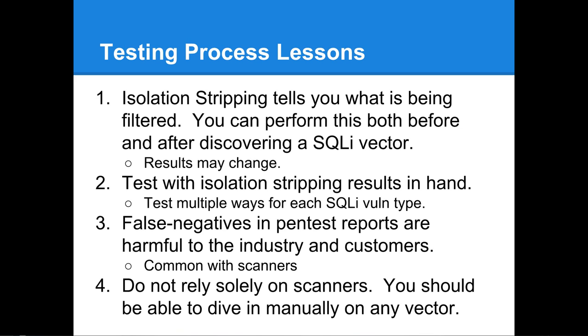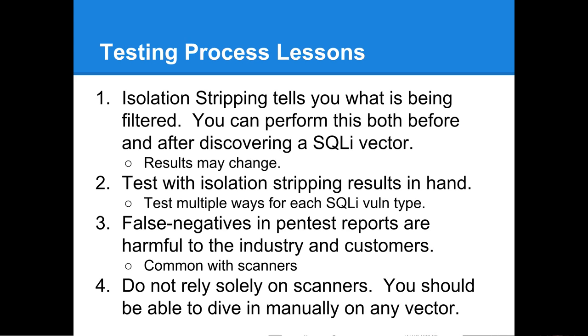Next, test and extract your data with the results of your isolation stripping testing. In other words, don't let your extraction process be hindered by getting filtered out by characters you've already found that are filtered out.